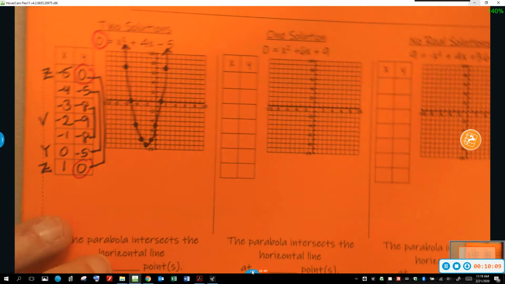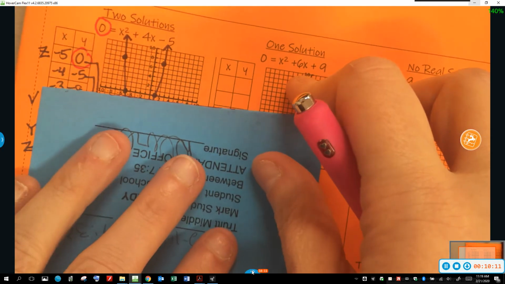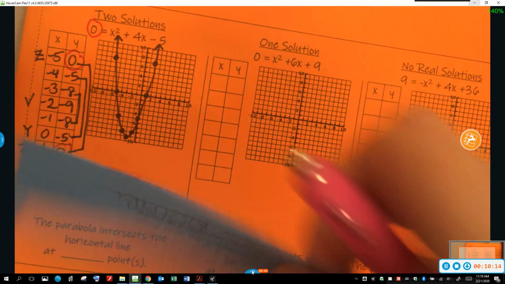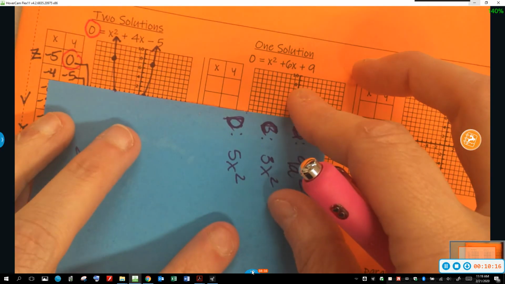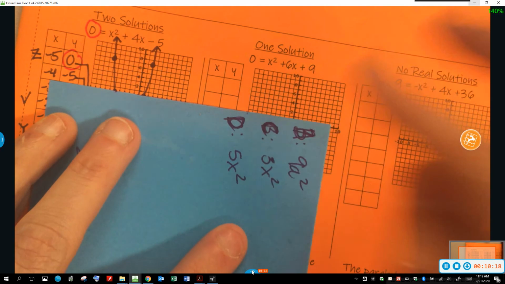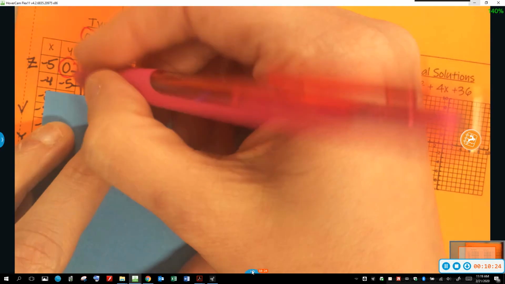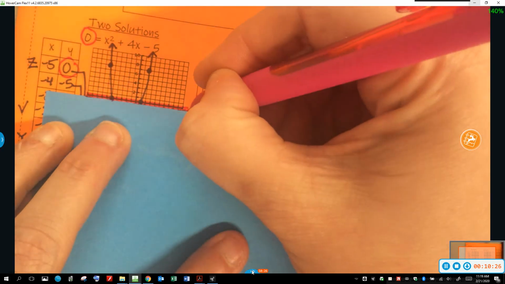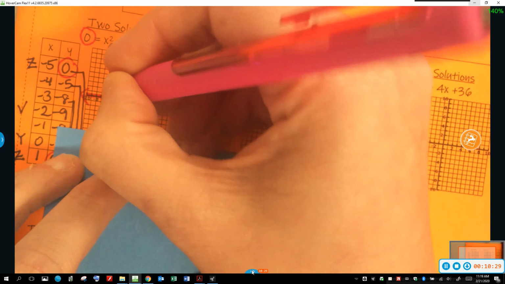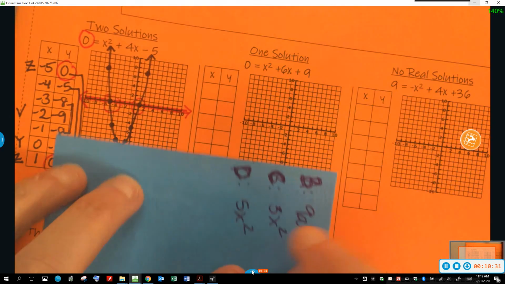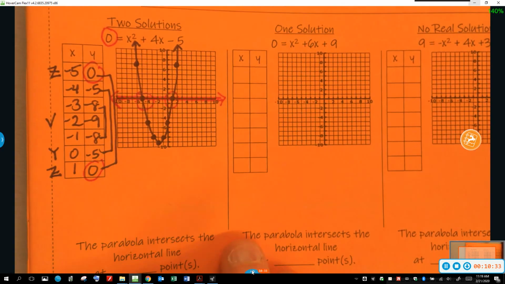I can also see it if I draw a line through y equals 0. Well, y equals 0 is my x-axis. So if I draw a line through that, I can see that I have 2 points where y is 0.